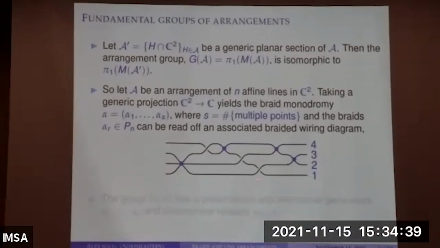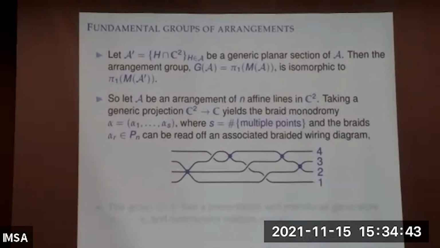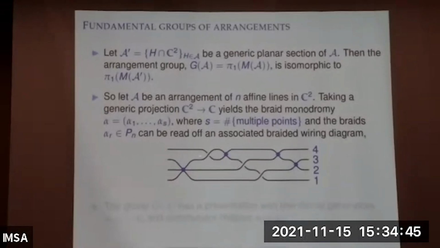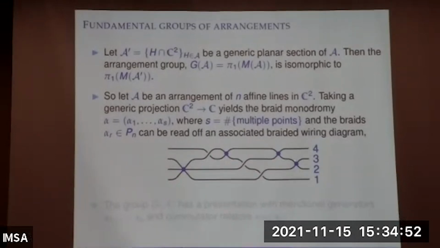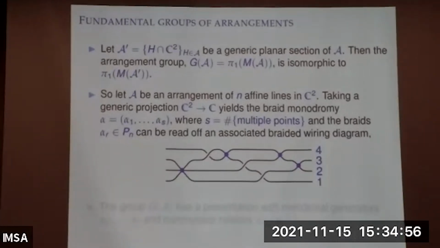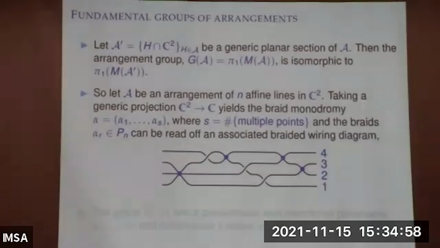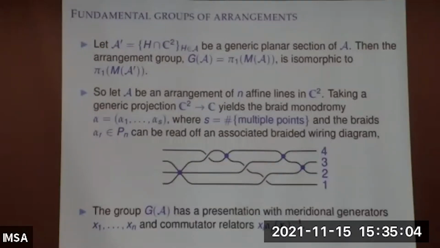So you get a diagram like that, basically flattening this arrangement in the plane, and you can see some braiding that occurs in between, but these are singular braids that intersect in these multiple points. So that's a braid diagram associated with that picture, or flattening onto the plane.